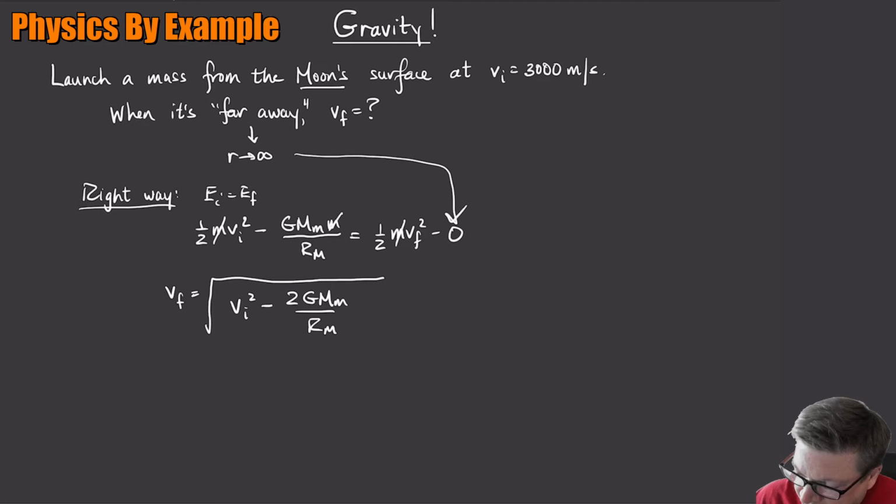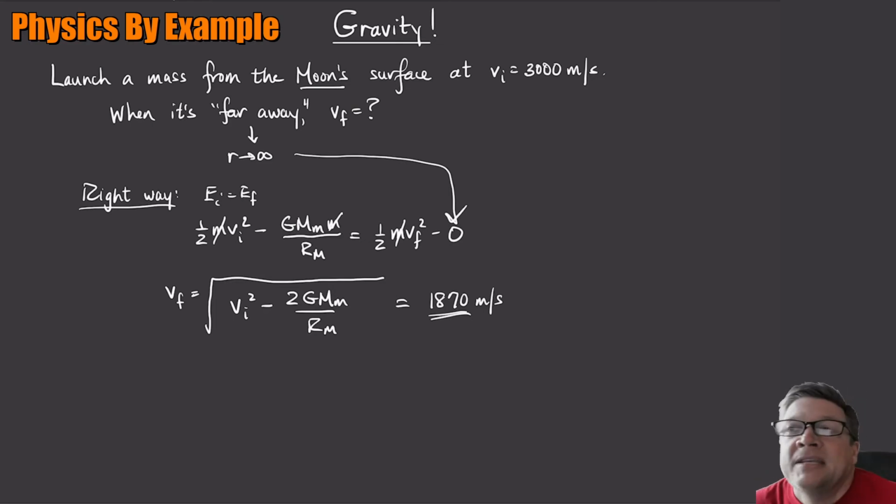If you plug the numbers in, I get 1870. Okay, fair enough. When it's really far away from the moon, it should be 1870.